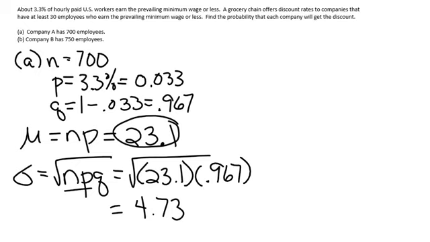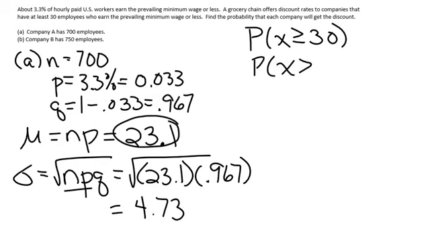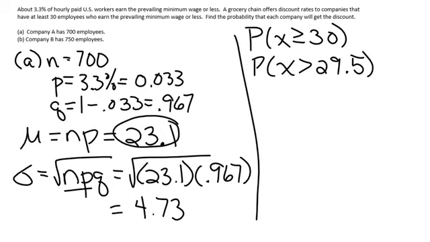Now that we know the mean and the standard deviation, we can calculate the probability. So we're looking at the probability that x is bigger than or equal to 30. But remember that with the normal approximations, we have to use a continuity correction. In this case, we would subtract 0.5. So this is going to be my x value. Now let's find the associated z-score, or z-value.